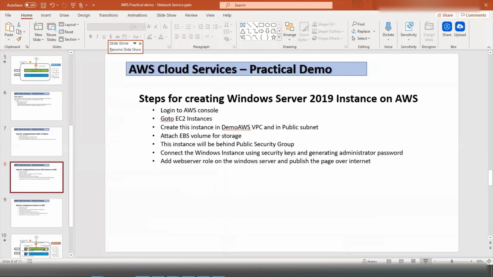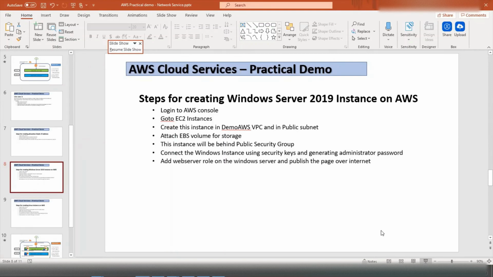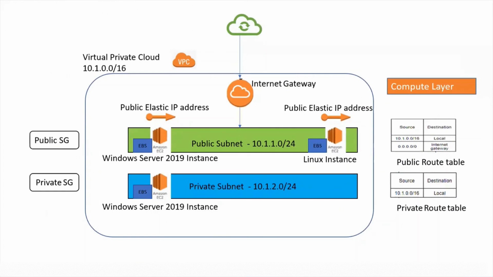So I'll give you some time to think what could be the reason. If we go back to our diagram in the slide, you will get what could be the reason. So in this diagram, we have placed our EC2 instance in the public subnet.